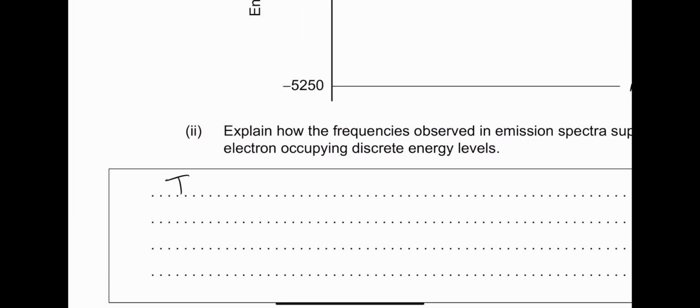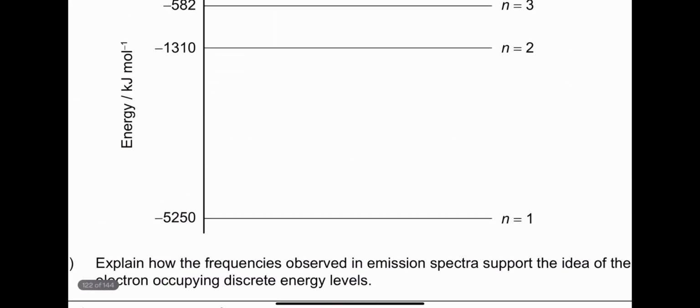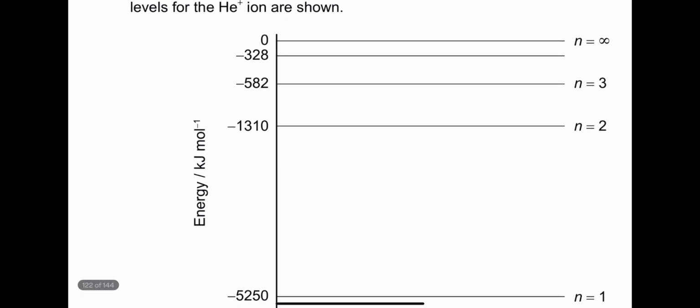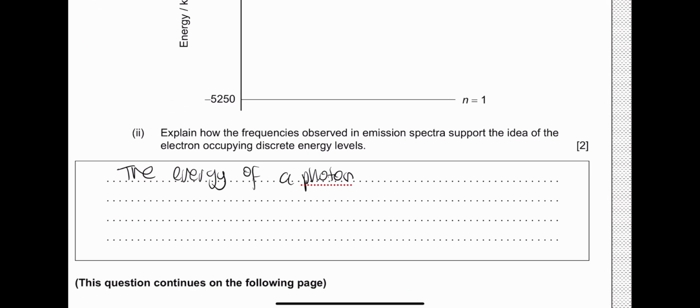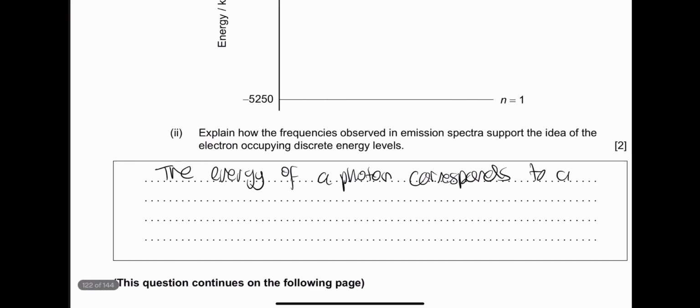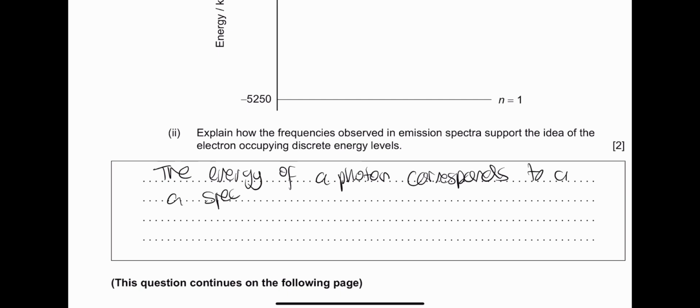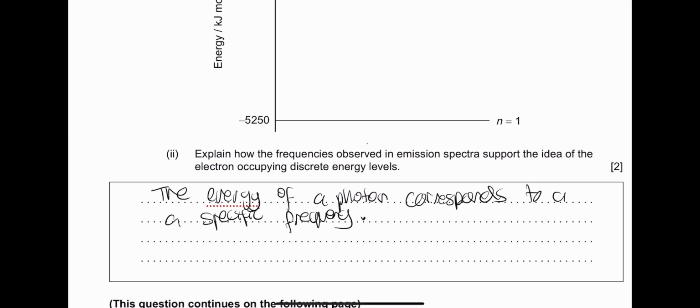Well, the energy of a photon, so this is the energy of a photon, by the way. So, spectrum. Each energy of a photon corresponds to a specific frequency in the spectra, right?